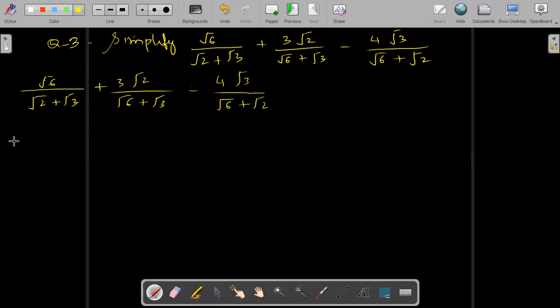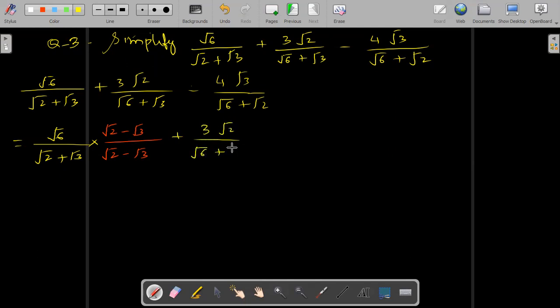Now rationalize the denominator of each one: root 6 on root 2 plus root 3, so this will be multiplied and divided by root 2 minus root 3. Then the second term, plus 3 root 2 divided by root 6 plus root 3.